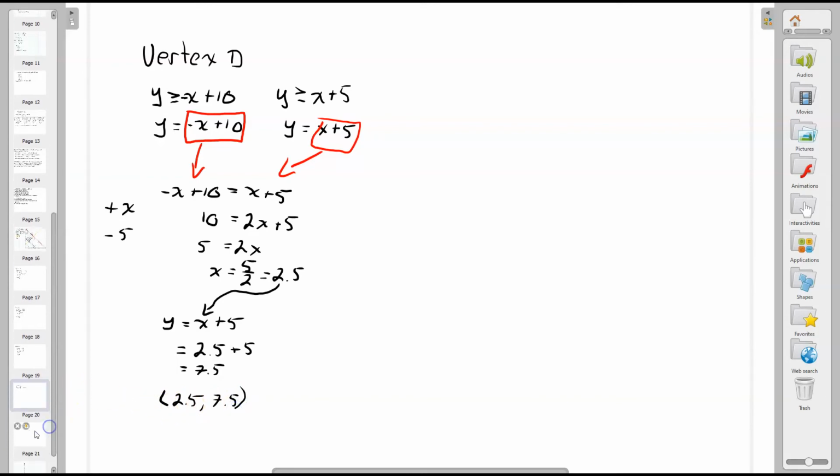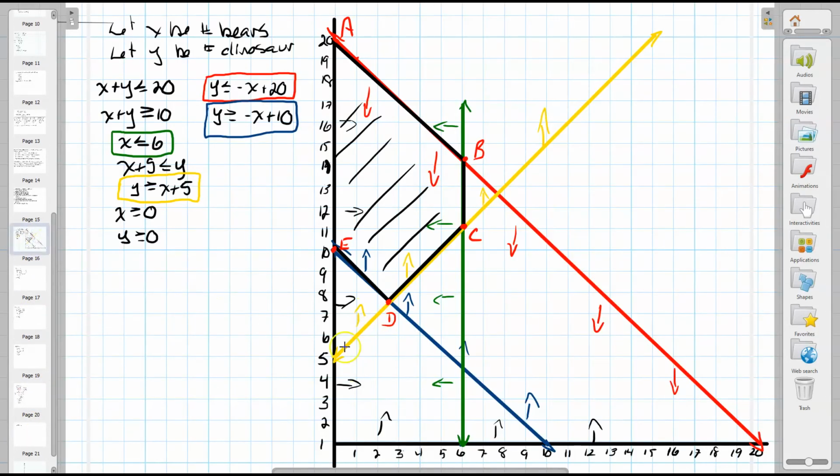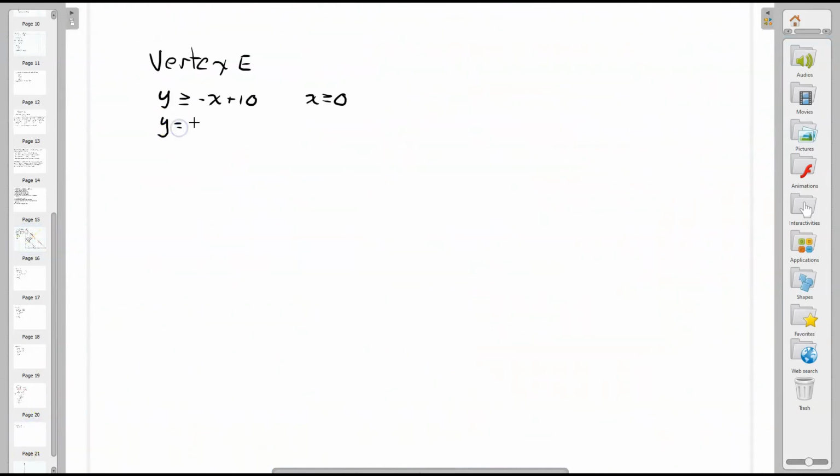And last but not least, vertex E. Vertex E is the intersection of the line y greater than or equal to negative x plus 10 and the y-axis. So y equal to negative x plus 10 and x equal to 0. Once again, substitution is the best method here. So we can say y is 0 plus 10.